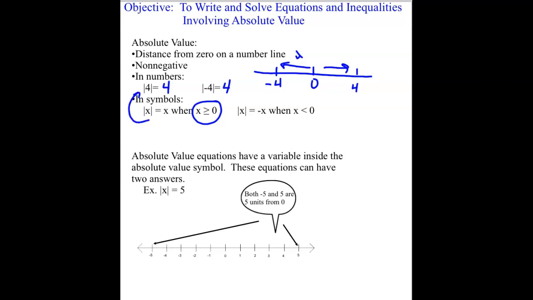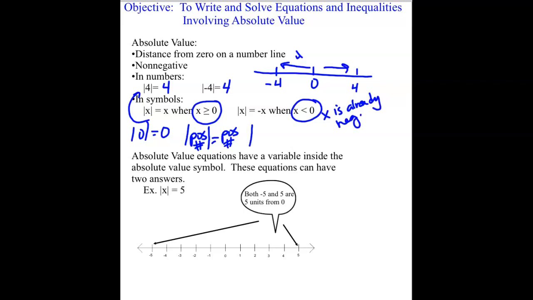If we are putting in a 0, absolute value of 0 is just 0, and the absolute value of a positive number is just going to come out as the positive number. If we are taking the absolute value of x and x is negative, so if x is already negative, it starts out negative.